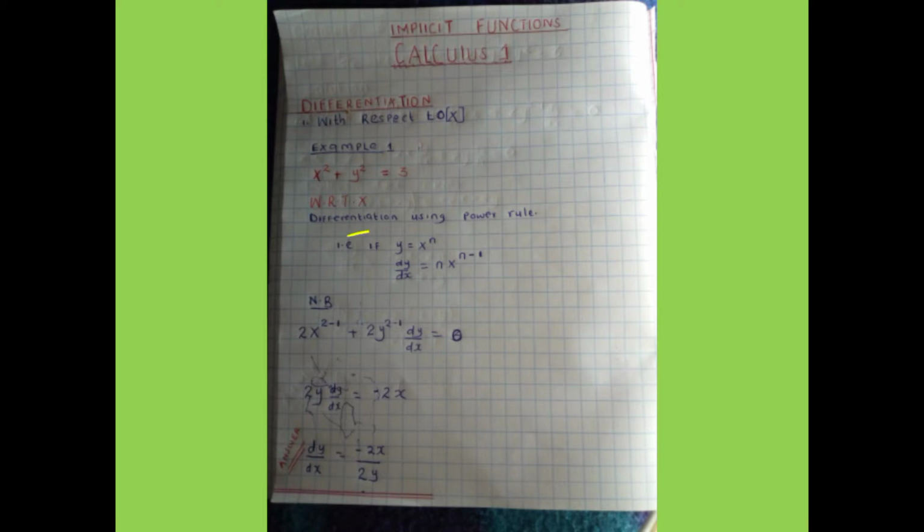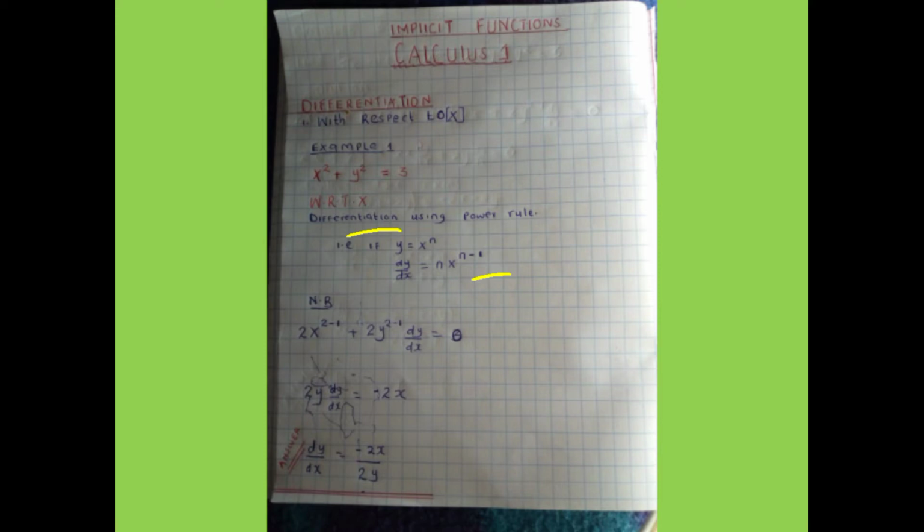Let me remind you about the power rule. That is, if you are given a function y is equal to x raised to n, dy dx becomes n times x raised to n minus 1.